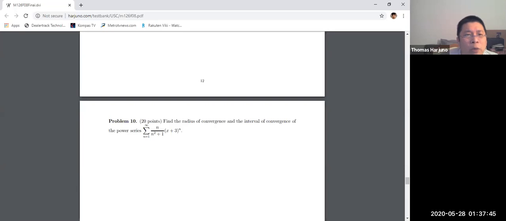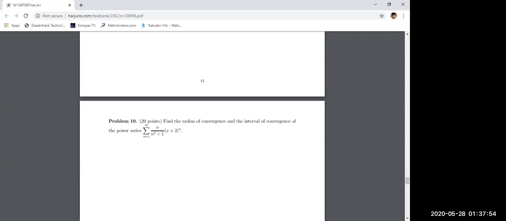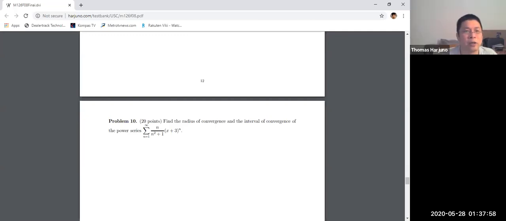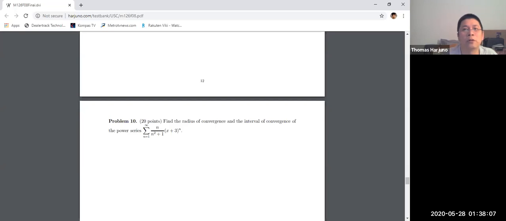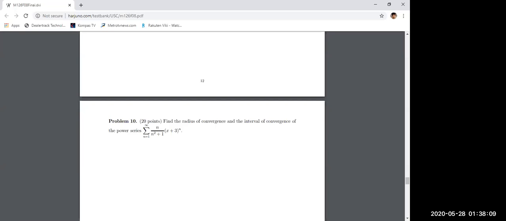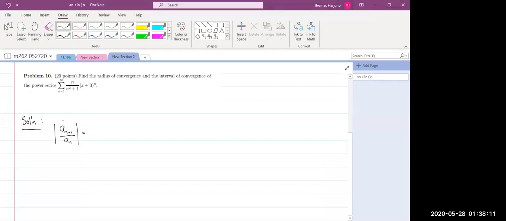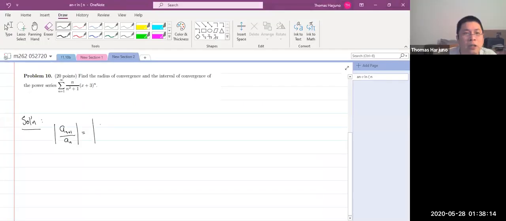Okay, let's see here. We want to find the radius of convergence. How do we do this again? Do the ratio test. That's right. For the ratio test, I take the absolute value of the next term, with n plus 1, over the nth term.